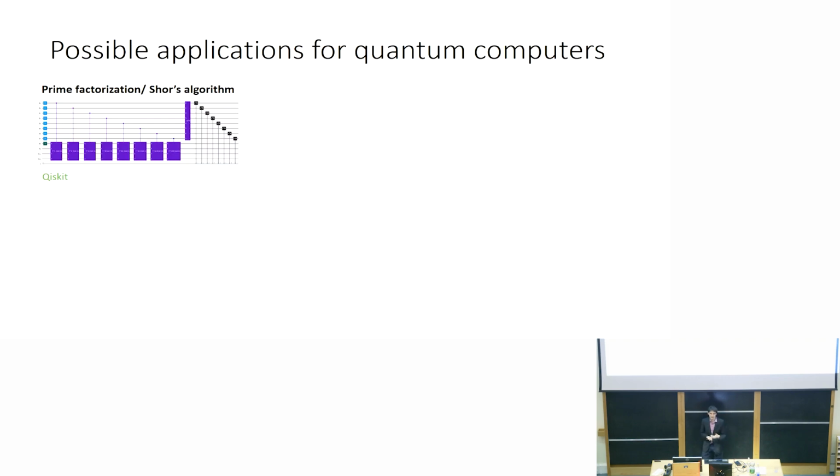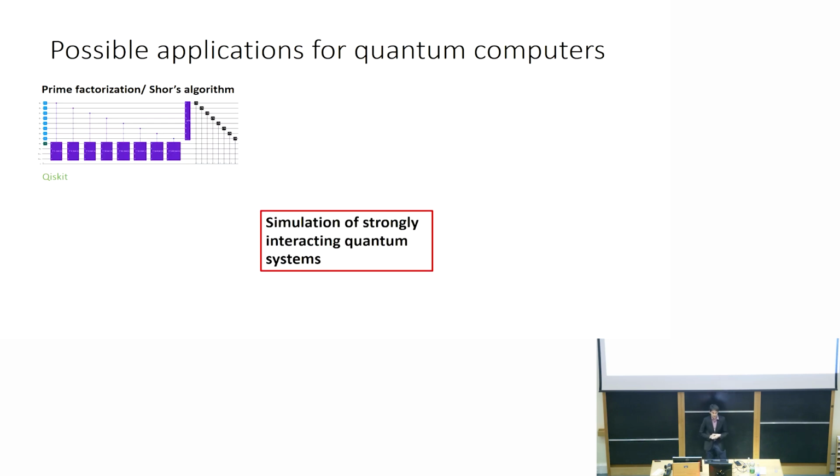But to be honest, this application is quite far in the future. I guess it will take at least 20 more years or even longer until you can make real use cases. What is more exciting from a physical perspective, and this is also what Dominik, for example, mentioned in his talk, is the simulation of strongly interacting quantum systems.